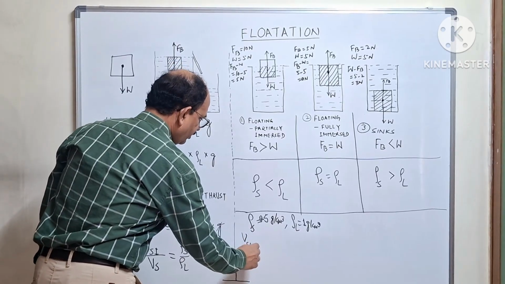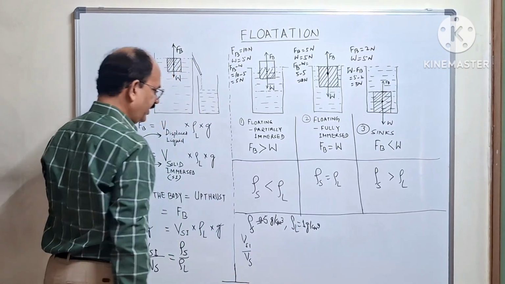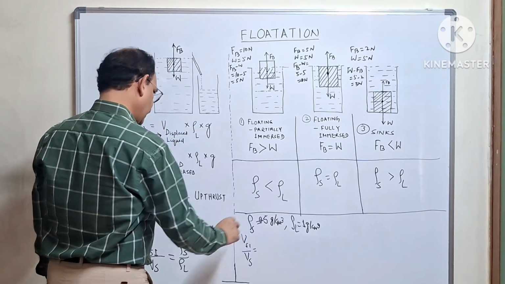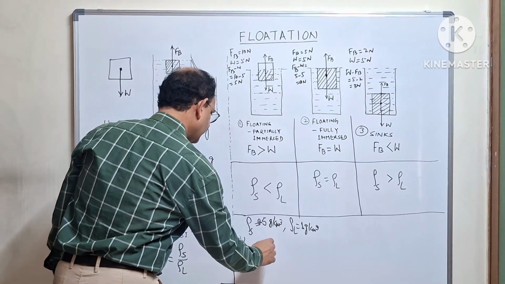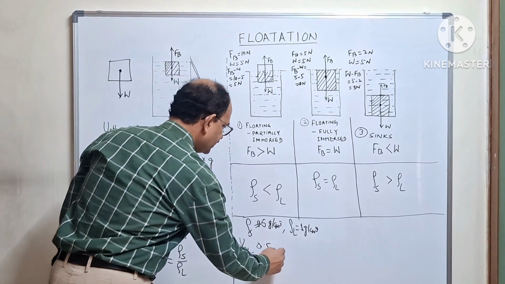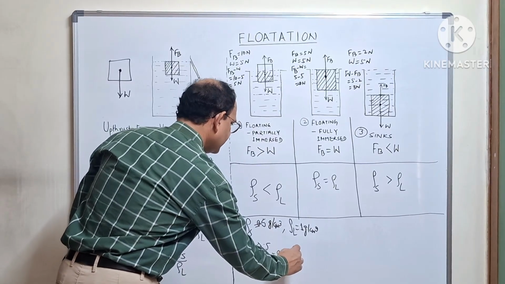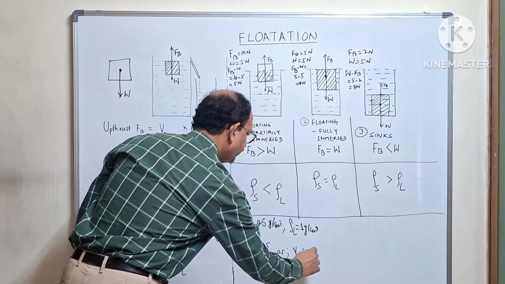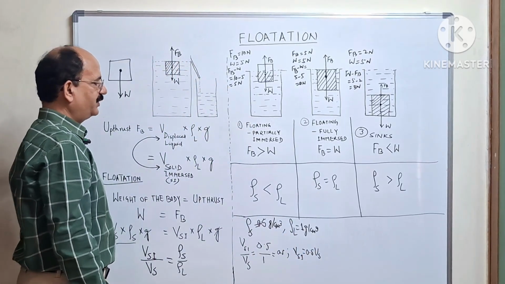V of the solid immersed divided by volume of the solid will be equal to 0.5 divided by 1, which is equal to 0.5, which also says that volume of the solid immersed will be equal to 0.5 of the volume of the solid, right?